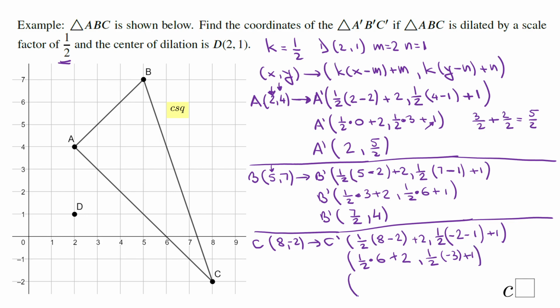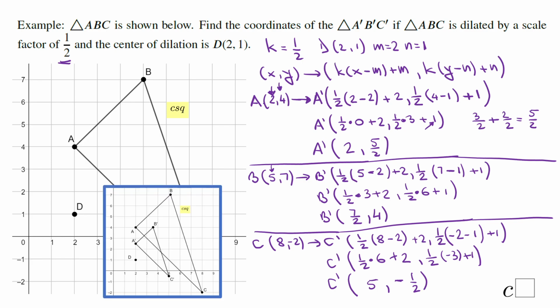So one more step here, and again this is C prime. 1/2 times 6 is 3 plus 2, that will be 5. 1/2 times negative 3, negative 3/2 plus 2 over 2, negative 1/2.